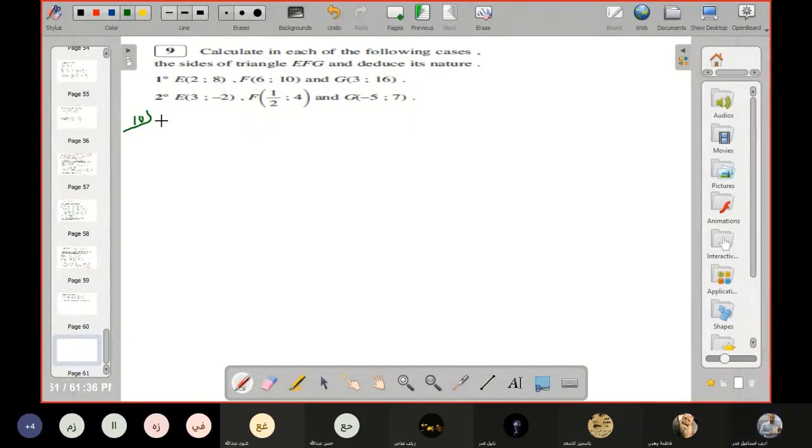By using the coordinates and this formula, yes.